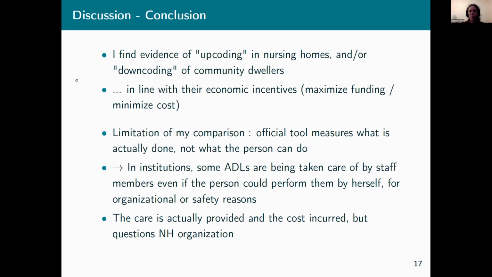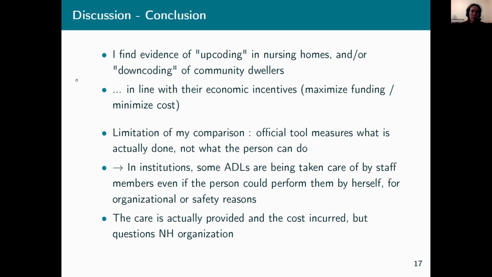But the gap is pretty big, and even though my method is only partially causal because it's based on matching, the gap is so large that it's difficult not to believe that it's at least partly caused by economic incentives, because nursing homes want to maximize their funding, whereas local authorities are trying to minimize cost and maybe shift some of the cost towards informal carers.